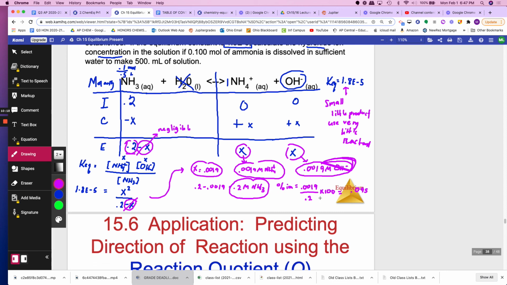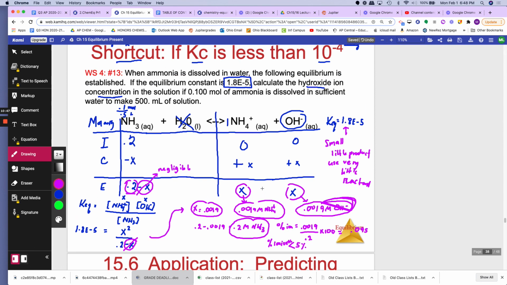Not even 1%. Okay, so if your percent ionization, or percent reaction, percent that reacted, in this case this ionized, is less than 5%, then you may take away the x and call it negligible and solve for x that way. So you do not have to use the quadratic equation.